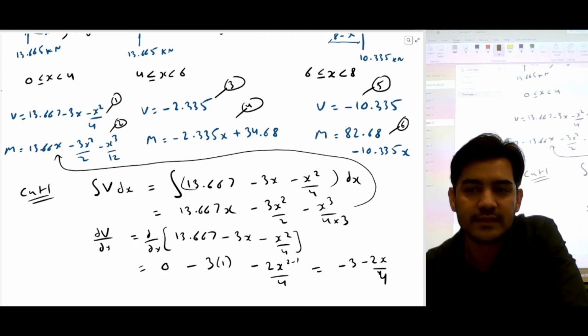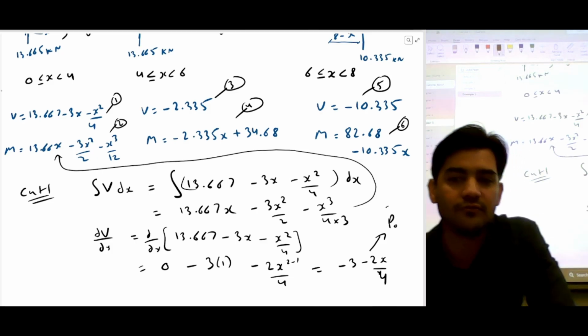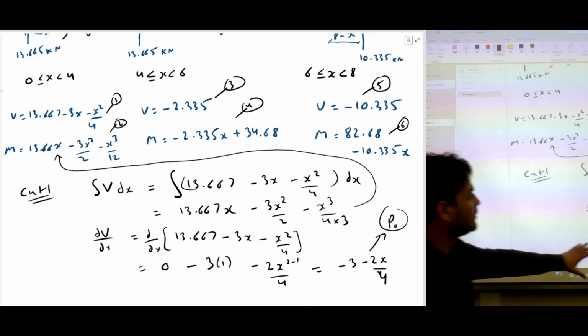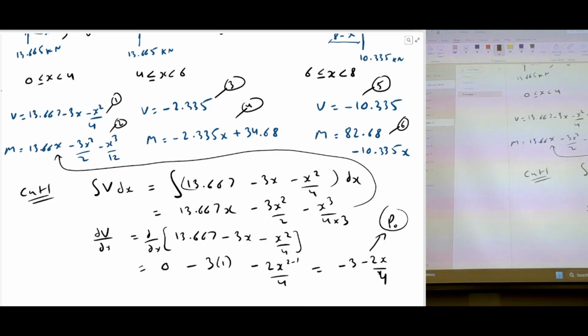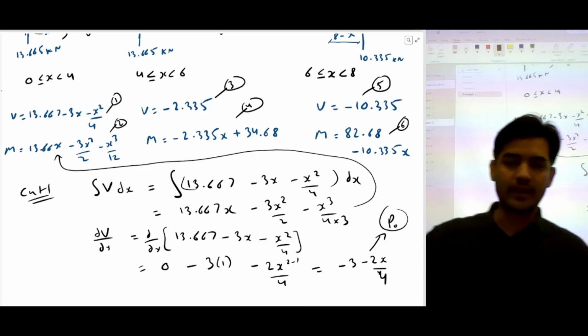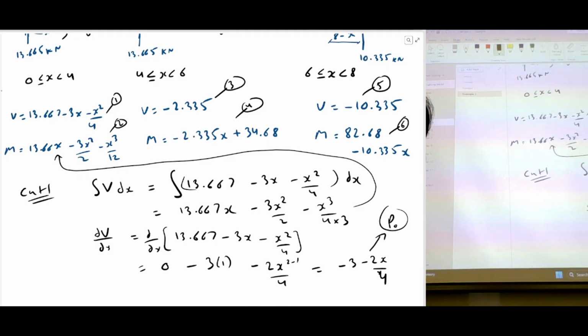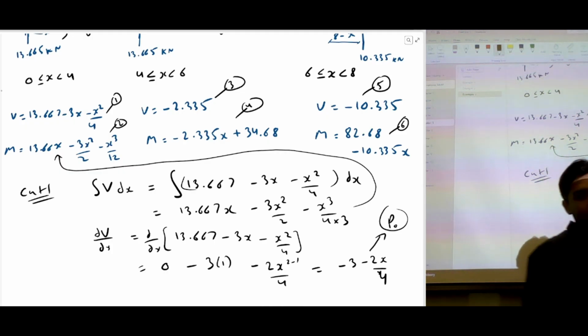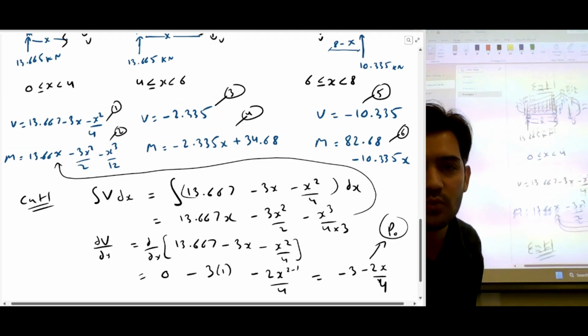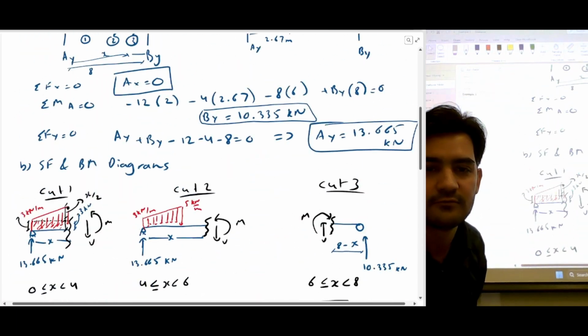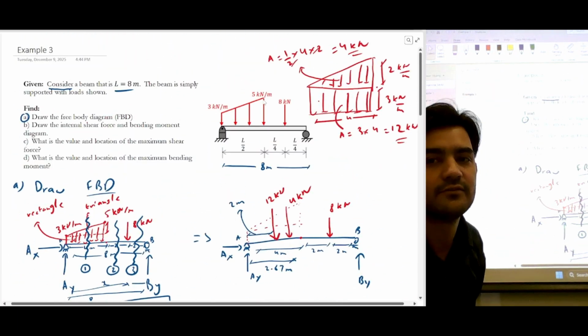And this is actually the loading. So if you want to calculate the loads, this is the equation of the load. So you can calculate load at any point. For example, if you put the value of 4 here at x, you're going to get the value of load, 5 kilonewton per meter.